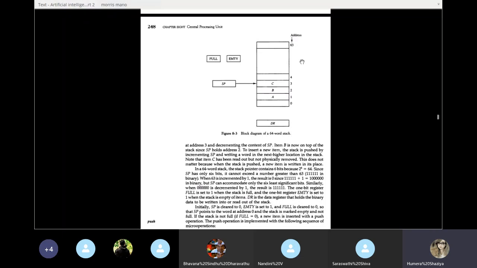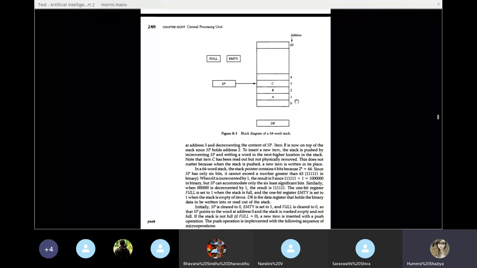You have top in a stack, that is a stack pointer. And whenever you create a stack, you give the size of an array, int a of 10. So what is a of 10? Number of locations in a stack. So here you have 64, and their addresses are from 0 to 63.